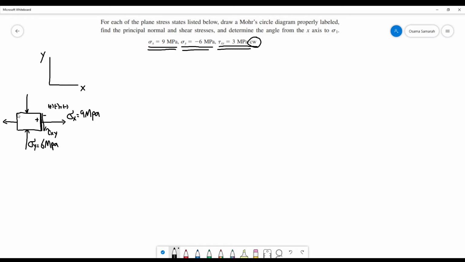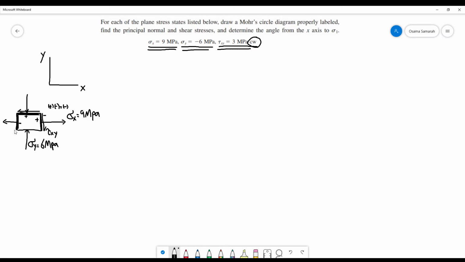So let's practice on this face now, the positive y face. Since it's a positive face, tau xy should go in the negative direction to produce a negative result. This face right here, the negative x face, it's negative.